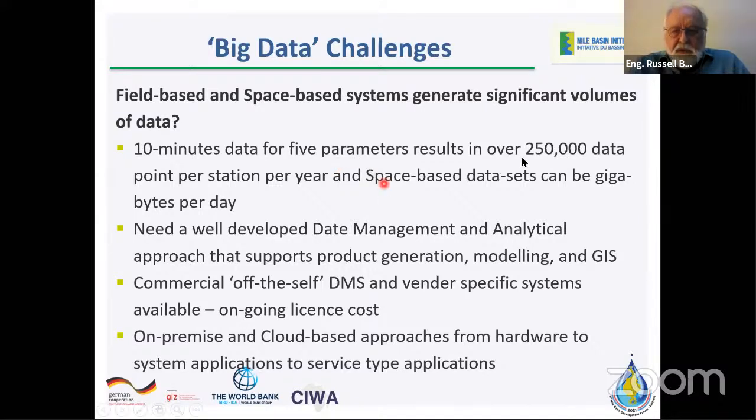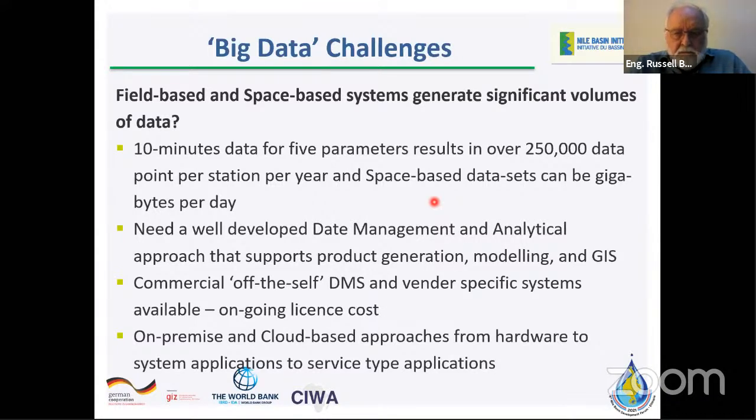So the point here is technology quickly generates big data that you have to manage and handle just from your field station. The space-based data sets can be gigabytes per day that you have to manage.